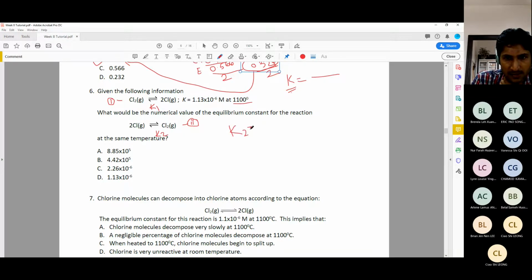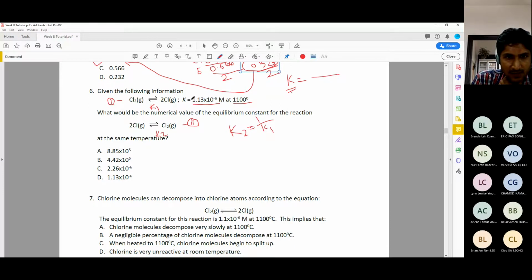So K2 will be the inverse of K1, so K2 equals 1 over K1. If we take the inverse of this figure, 1 over this figure, we will get this value, 1.13 or 8.85 times 10 negative fifth. So this will be the value for this.